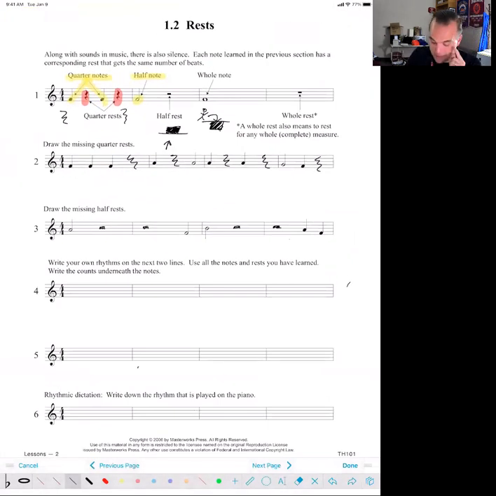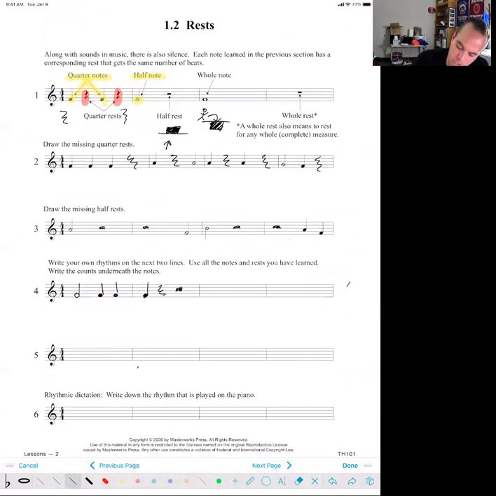Half rest, okay? And then number 4, write your own rhythm on the next 2 lines. I'm going to do one, and then leave a blank for you to do one, and we'll practice this tomorrow in class as well. If I'm writing a rhythm using all of these notes and rests, I would go 1, 2, 3, 4, and then I'll do 1 rest, and maybe even a half rest also.